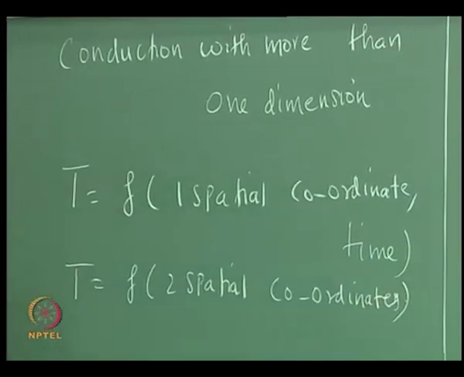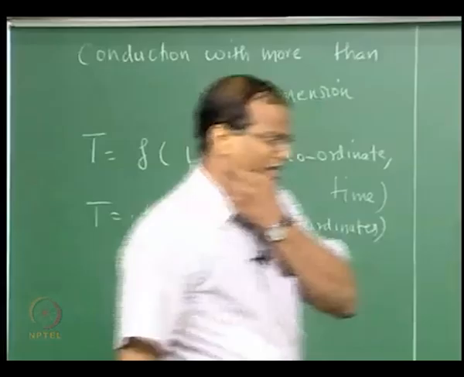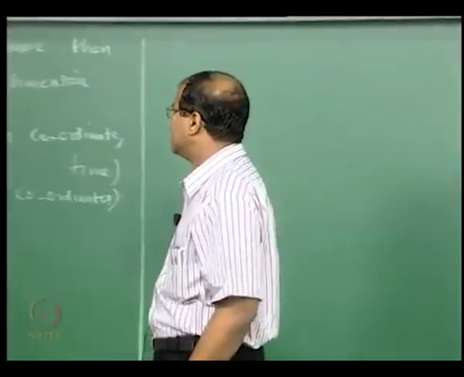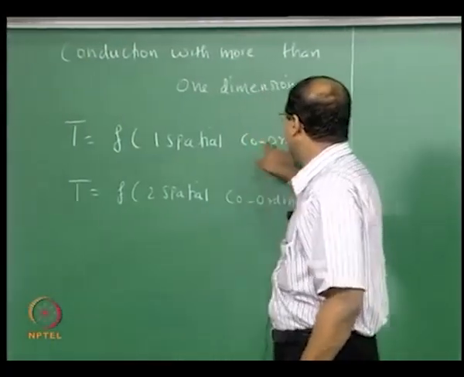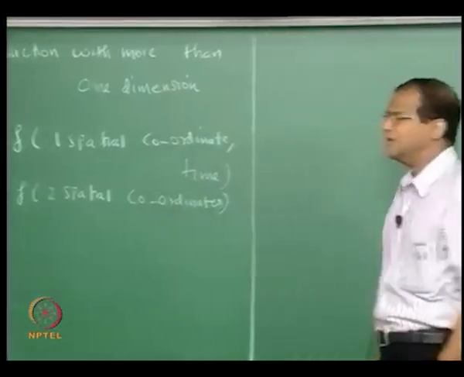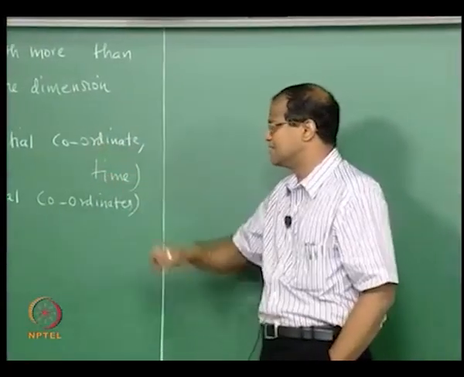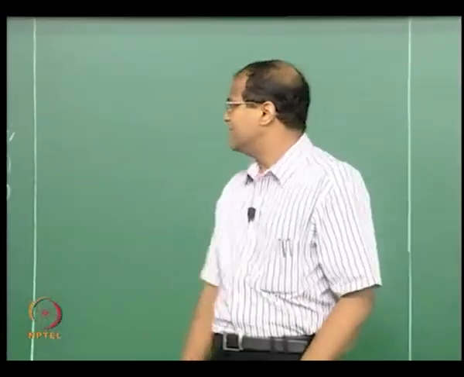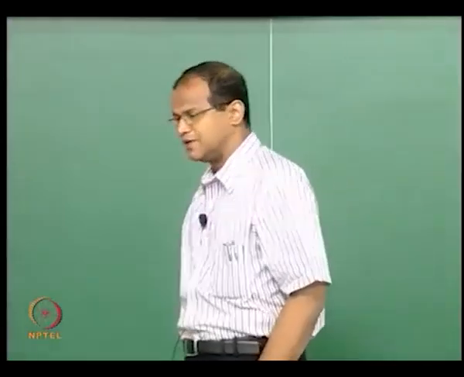The first will be a transient conduction where your lumped capacitance cannot be used and your semi infinite assumption also cannot be used, and temperature is a function of both the spatial and the temporal coordinates. I mean it is a function of the spatial coordinate as well as the time. There is also a possibility where the temperature is a function of two spatial coordinates.